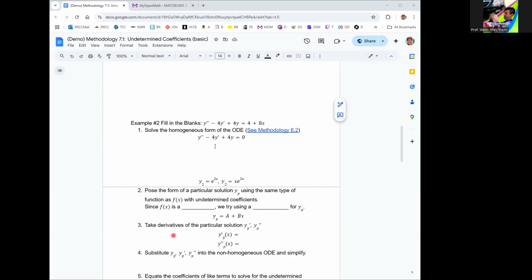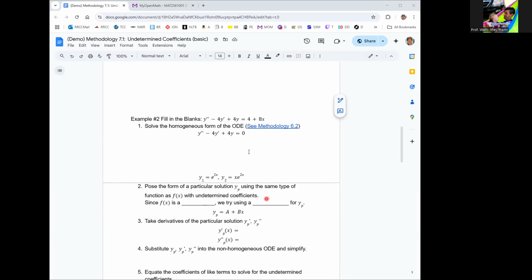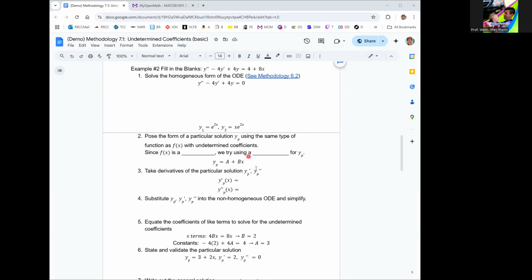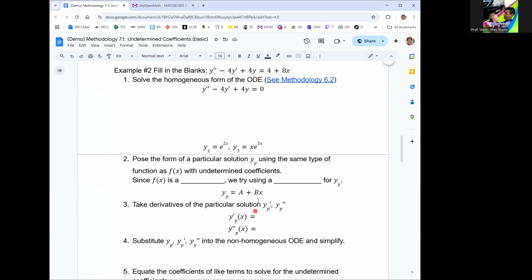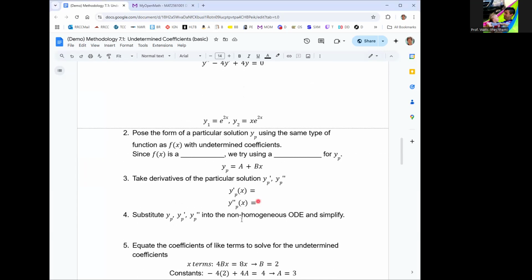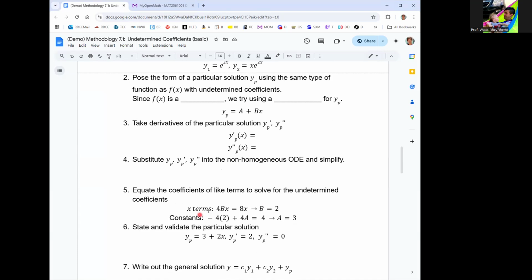And I use the same homogeneous form for example 2, so you can focus more on finding the particular solution. But you notice that here we do have 2 undetermined coefficients, A and B. And so when we get to step 5, we do have 2 equations.